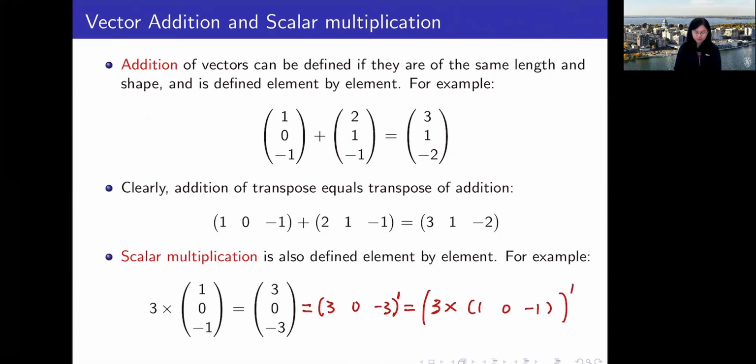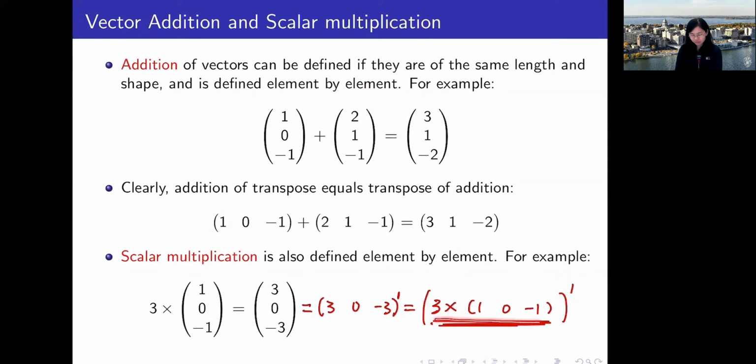So what I'm demonstrating is that the transpose and scalar multiplication can be exchanged. The order of these two operations can be exchanged.